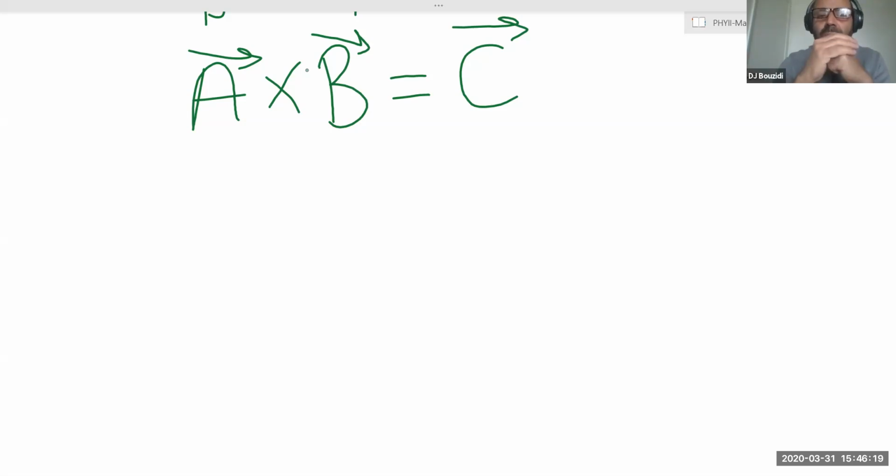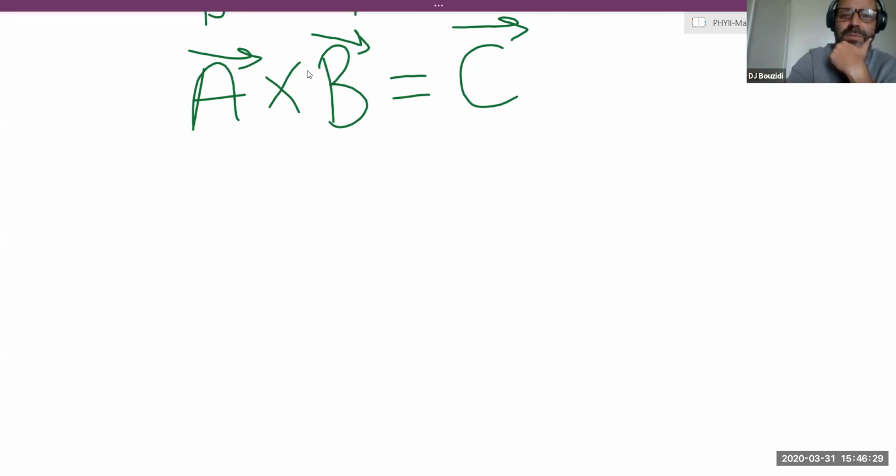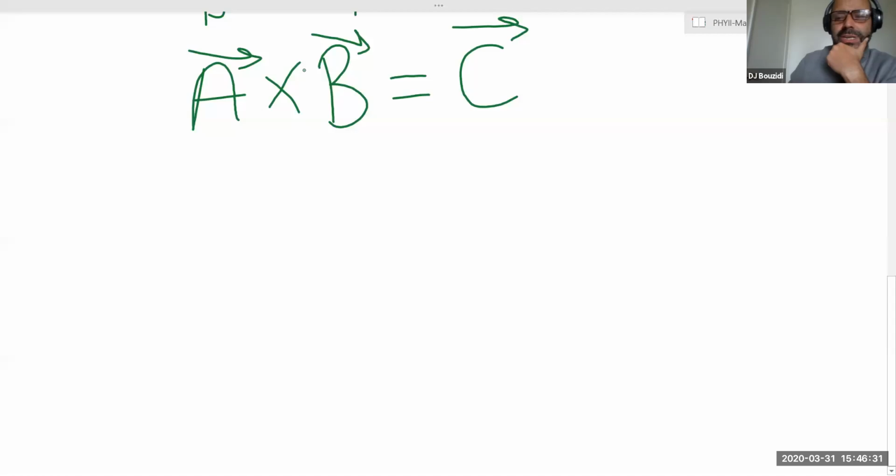So this is one of the perks of living in the 3D universe. If we met aliens tomorrow from a different universe with 4 dimensions, the only way we could communicate is through the cross product. So the cross product is an important concept that you really have to master.